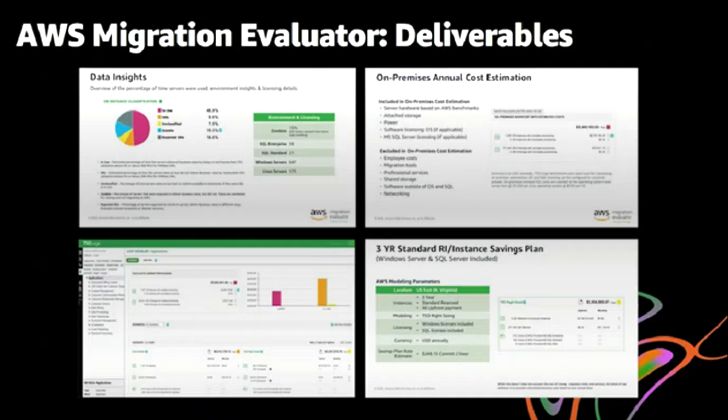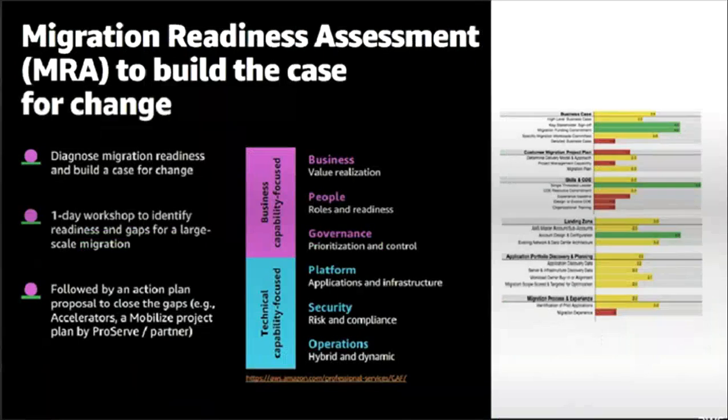It gives us an estimate of what the cost normally is on the customer premises data center, the cost breakdown, and also how much would be saved over a 3-year period if we migrate those application, server, and database workloads to AWS. So that's stage one.